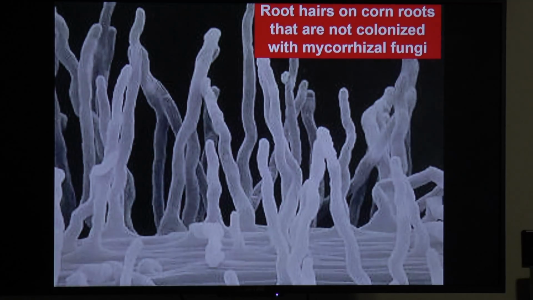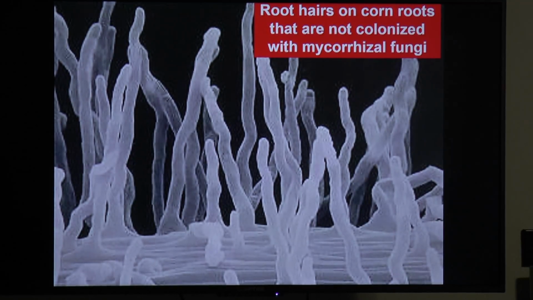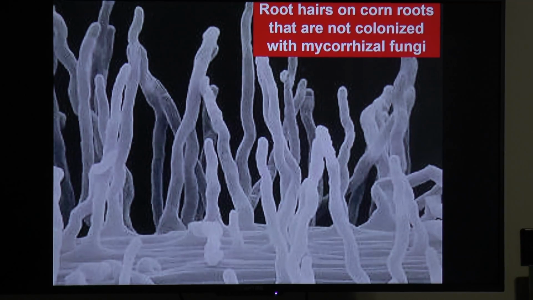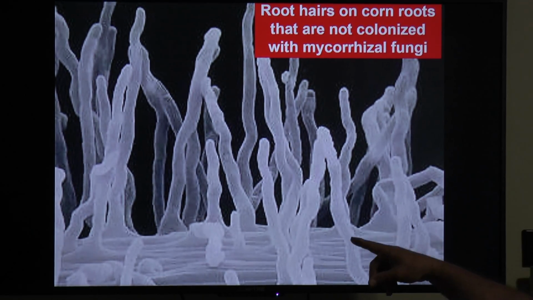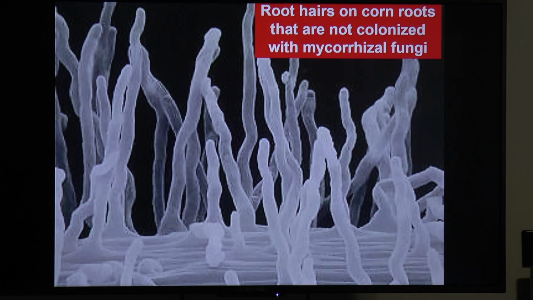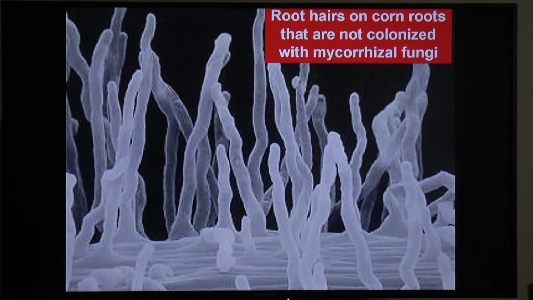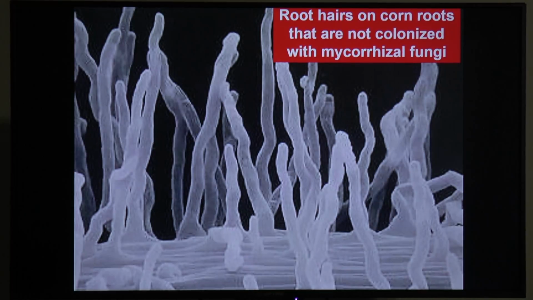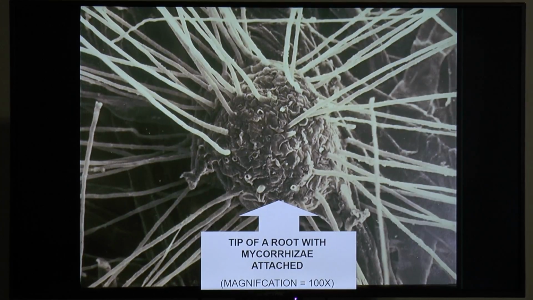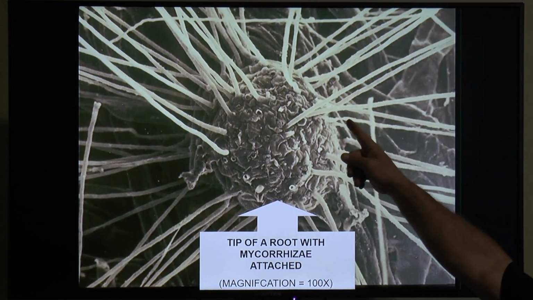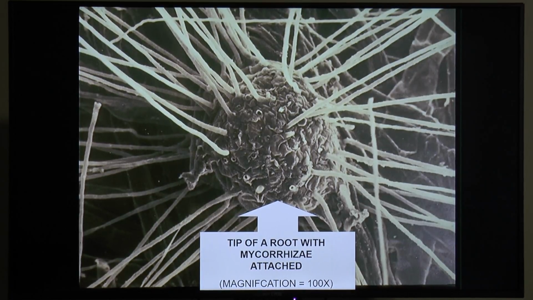Now, the difference between plants that are colonized with mycorrhizal fungi and ones that are not. These are root hairs on a corn root system, and these are a few millimeters long at best. Mycorrhizal hyphae can extend up to 18 to 24 inches away from those roots.